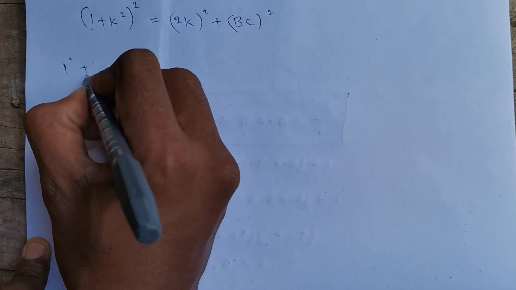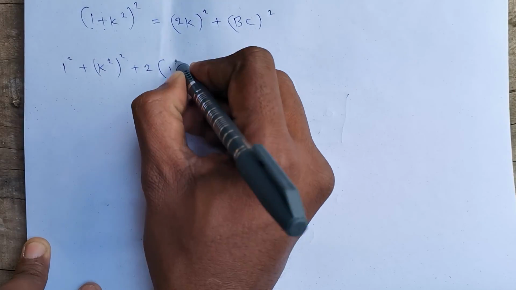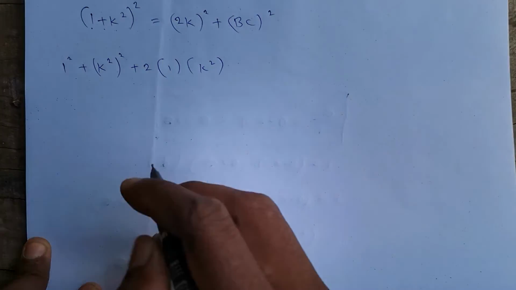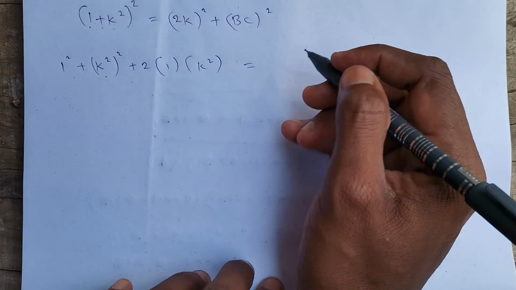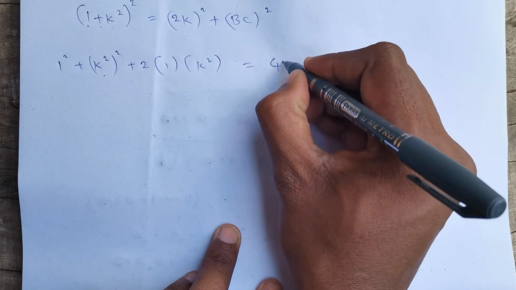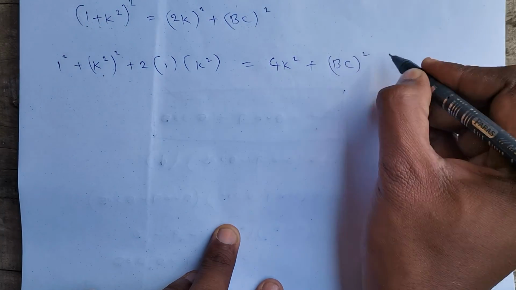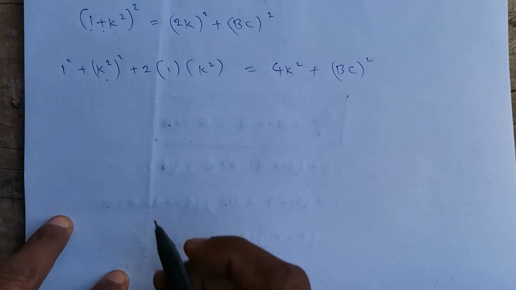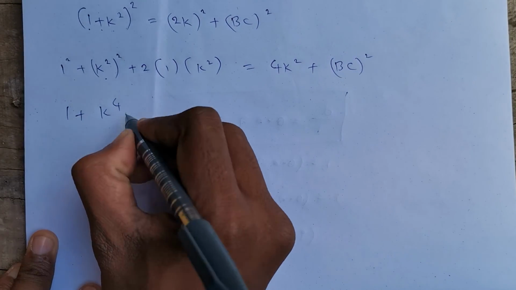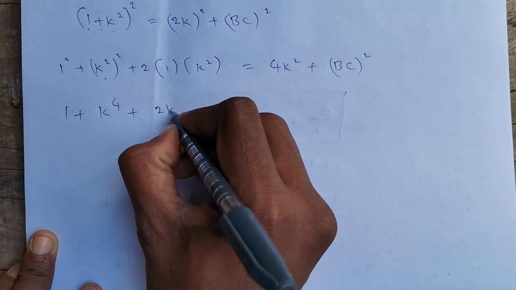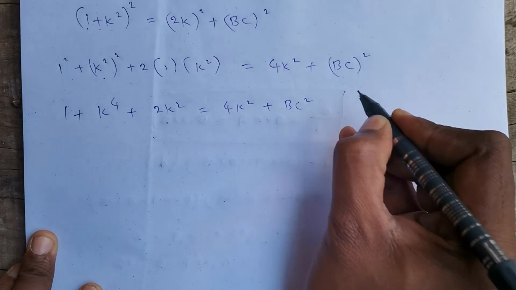So a square plus b square plus 2ab: 1 square plus k square whole square plus 2 into 1 into k square equals 2k whole square, 4k square, plus BC square. Now 1 plus k power 4 plus 2k square equals 4k square plus BC square.